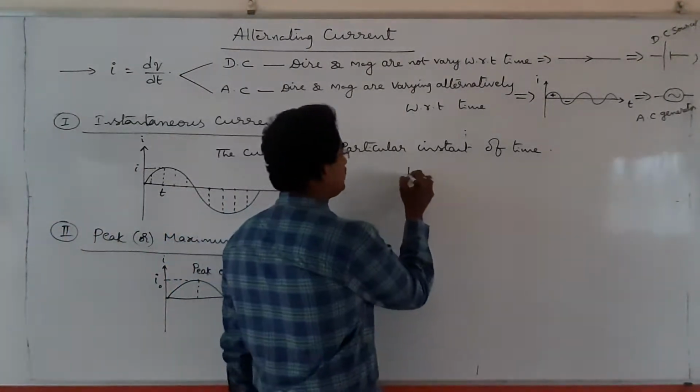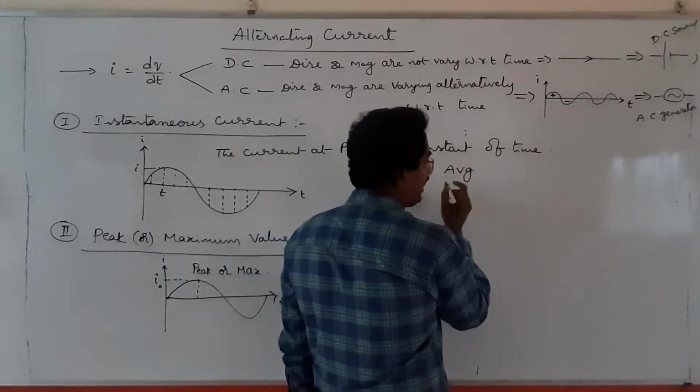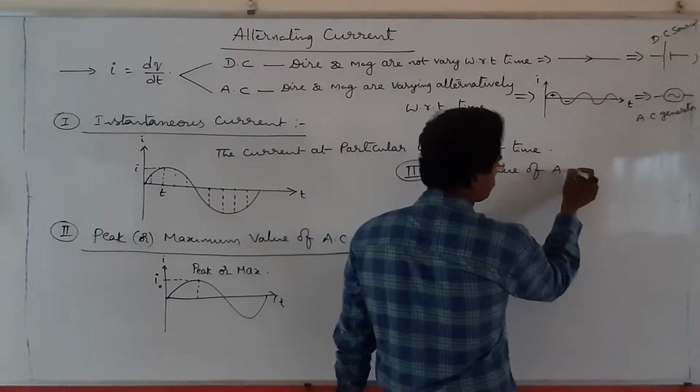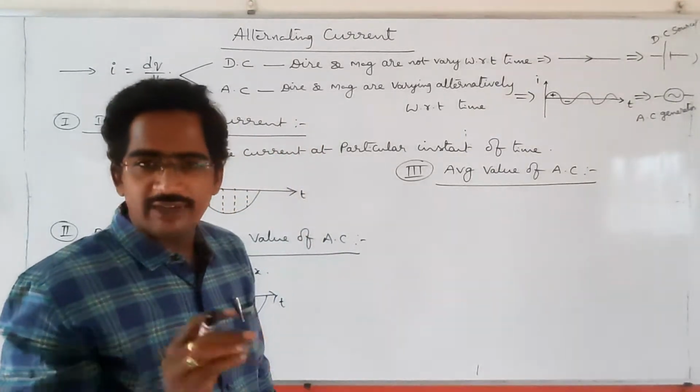Third definition, average current or average value of AC. How do we determine the average value of AC?